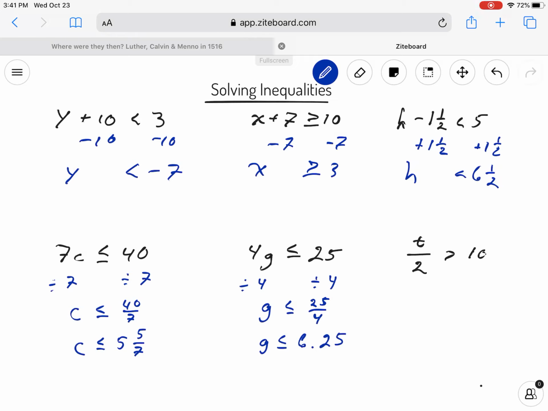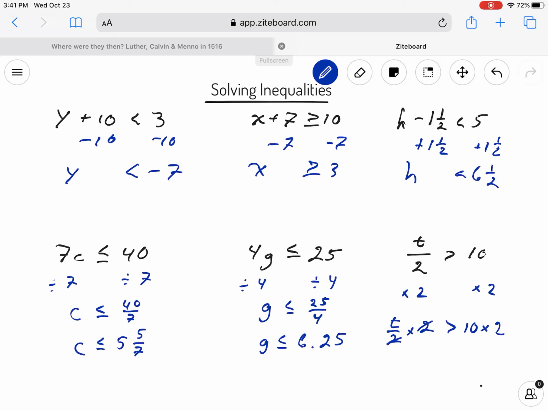All right, then we have t divided by 2. Remember, that fraction bar is also a division sign. t divided by 2 is greater than 10. So since that's division, I want to multiply both sides by 2. Let me just write this out a little bit. I have t divided by 2 times 2 is greater than 10 times 2.